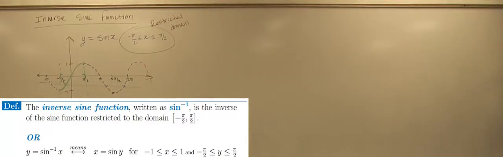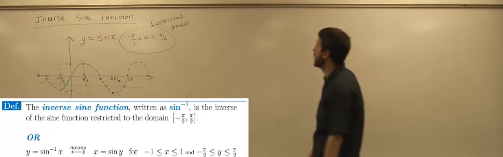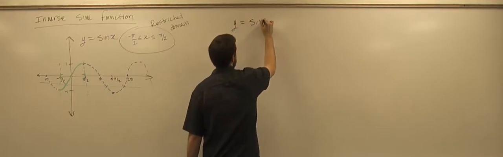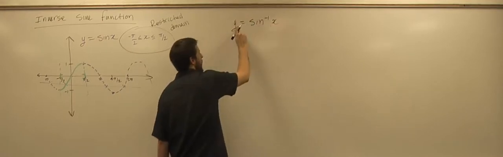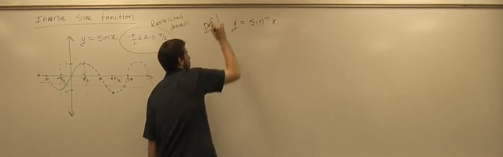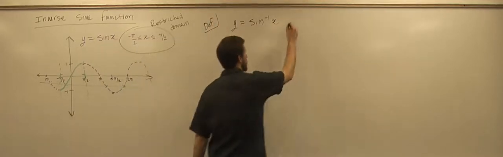The notation, well, there's a couple of notations, but the one we're going to use for inverse sine is going to be sine to the -1. So saying y equals sine to the -1 of x, this is read y equals sine inverse of x.